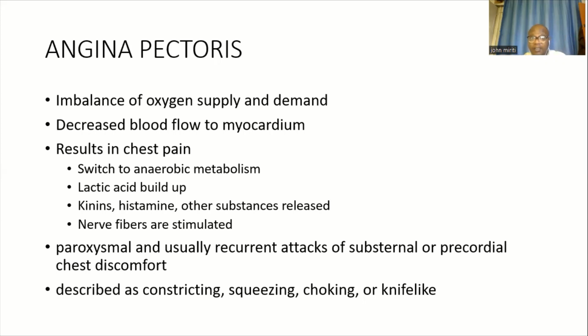At this point, it can either go the renal pathway or the endocrine pathway, depending on how the body is able to cope, what is called the coping capacity. So the nerve fibers are stimulated.